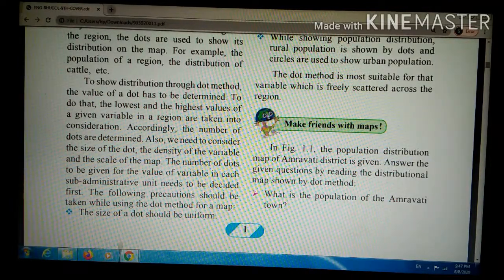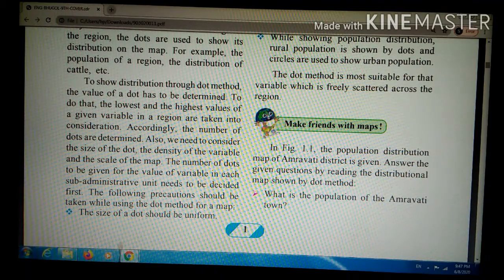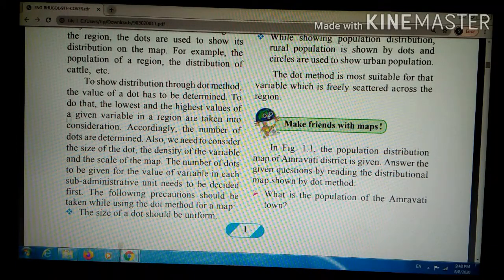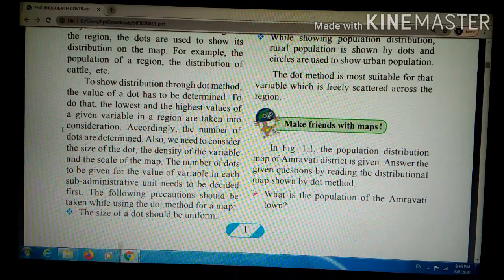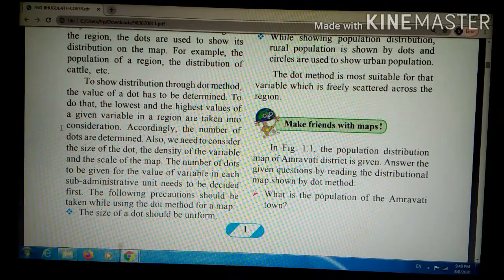To show distribution through the dot method, the value of a dot has to be determined. Means what is the value of one dot? We have to put the value. To do that, the lowest and the highest values of a given variable in a region are taken into consideration.